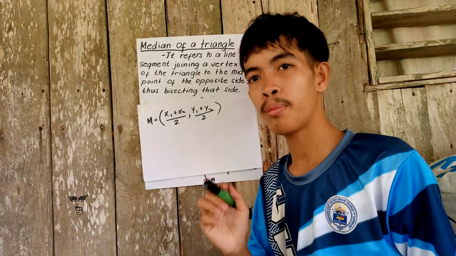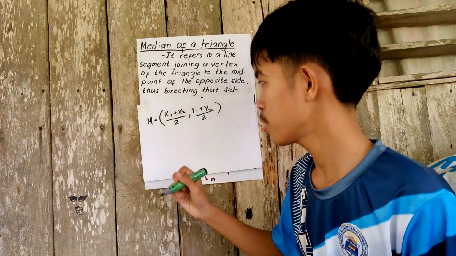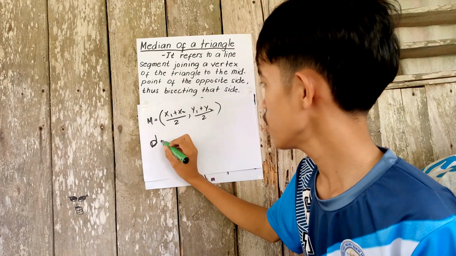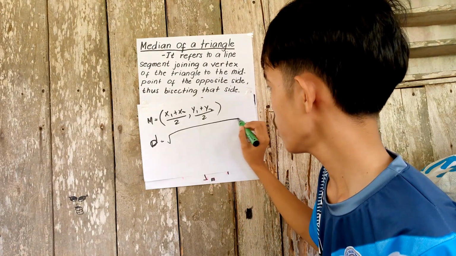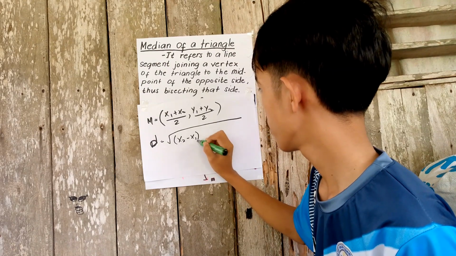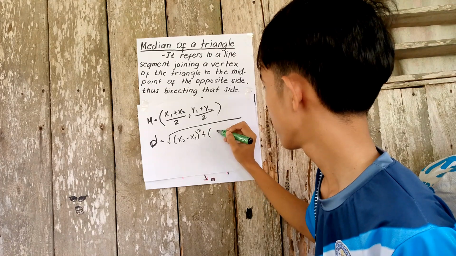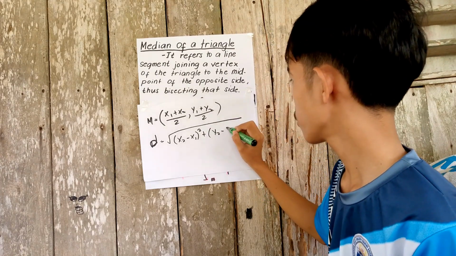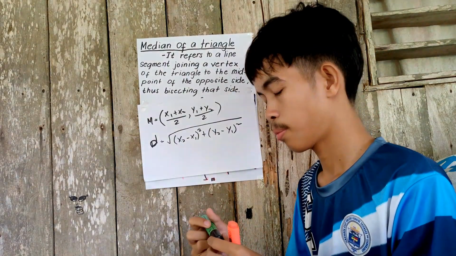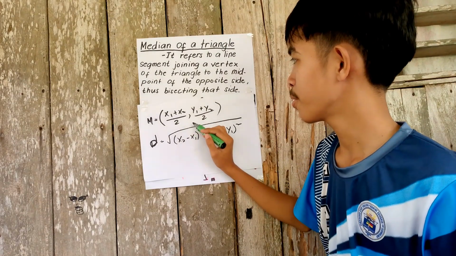And to find the length of the median of a triangle, we need the distance formula. The distance formula is the square root of (x2 minus x1) squared plus (y2 minus y1) squared.